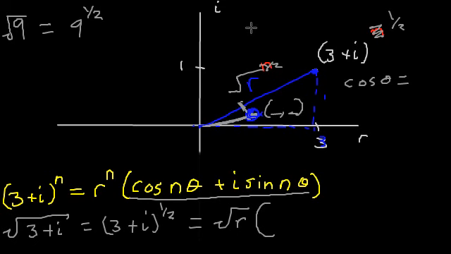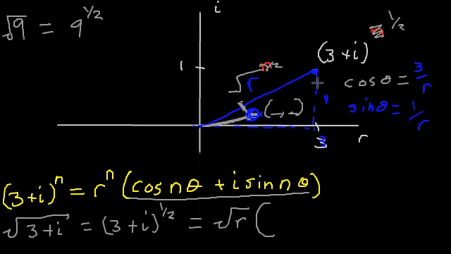So with SOHCAHTOA, cos is adjacent over hypotenuse, so we had cos theta equals 3 over r, and sine theta equals 1 over r. I'm assuming you've seen this before, so I'm not putting too much emphasis on reviewing this.